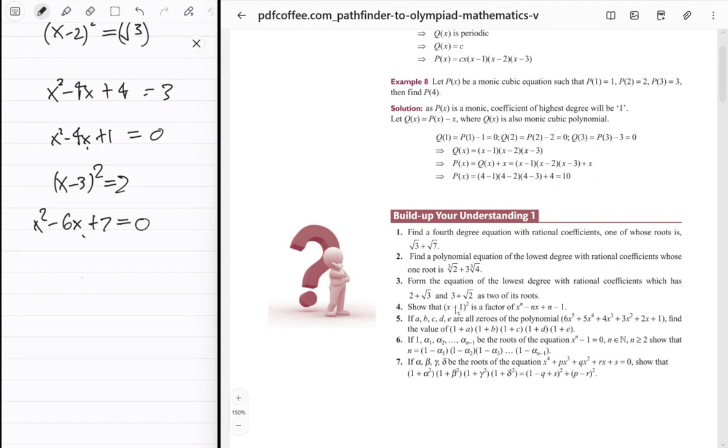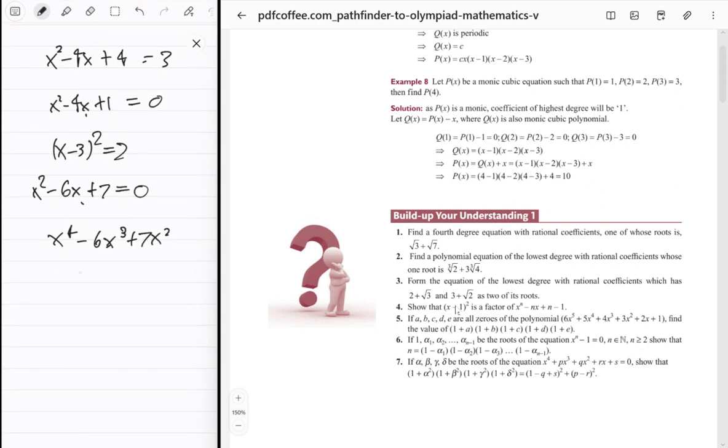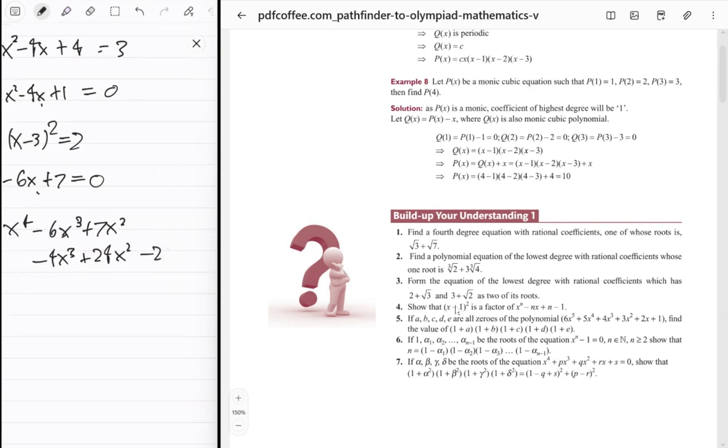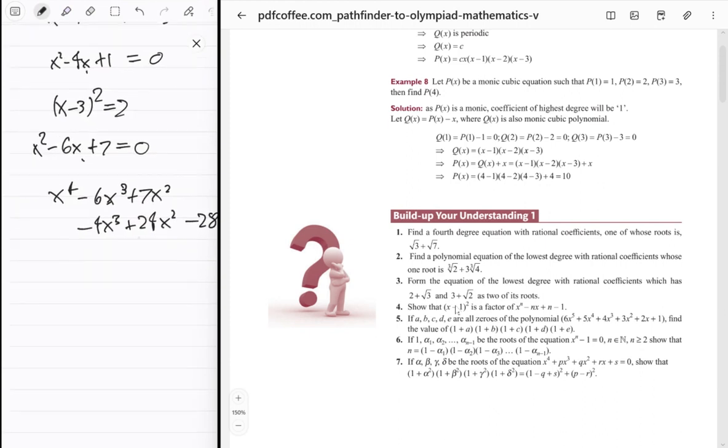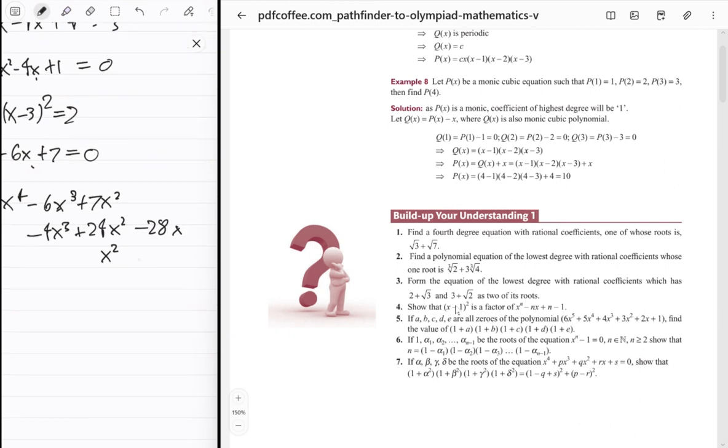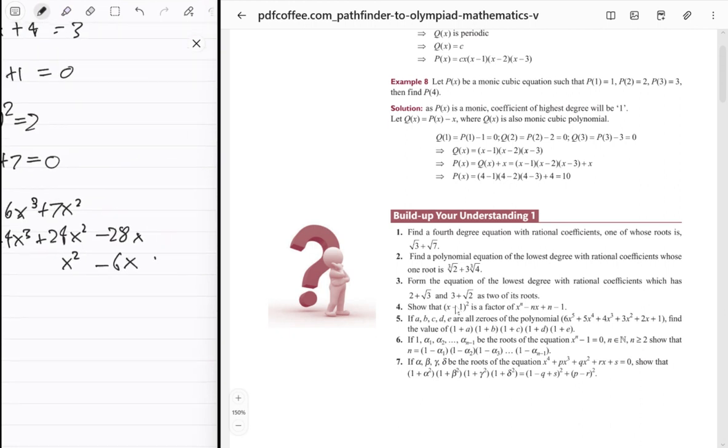So this times that is x power 4 minus 6x cubed plus 7x squared, and then you got minus 4x times that, so minus 4x cubed plus 24x squared, and minus 28x. This times that is x squared minus 6x plus 7, right?